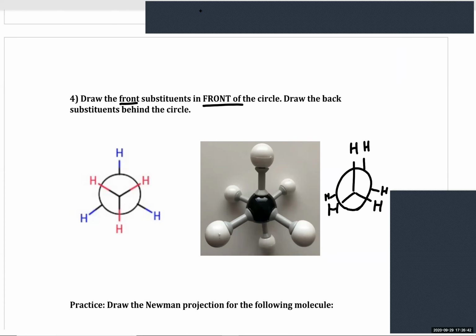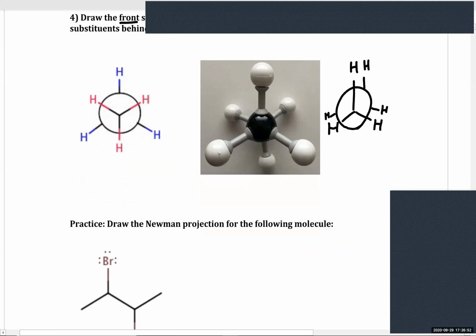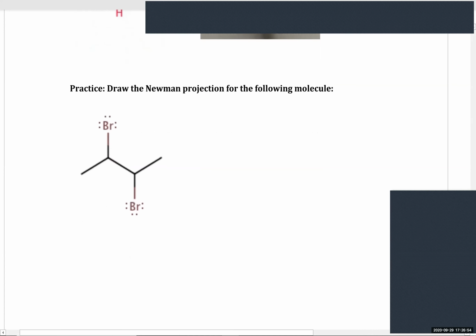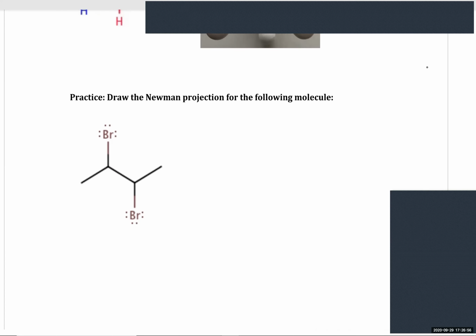Okay, this is partially why I asked you to get a model kit for this class. It's invaluable at visualizing the three-dimensional shape of molecules. So let's do some practice. I'd like you to draw a Newman projection for the following molecule. And I'm just going to arbitrarily tell you to look down this bond.